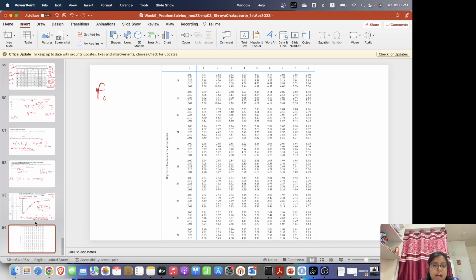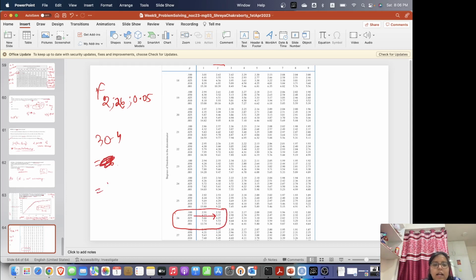So here we would have F with 2 and 26 degrees of freedom at 0.05. This is the column for 2 and this is for 26, since 30 minus 4 is 26. So for 0.05 we have 3.37.